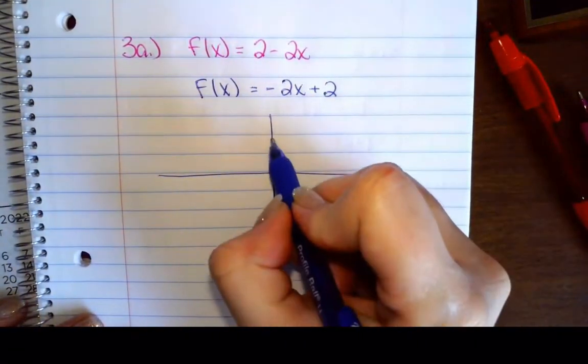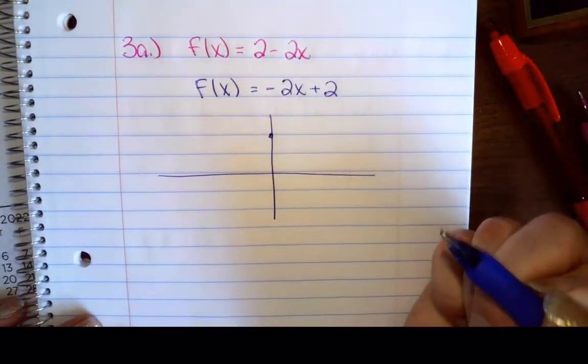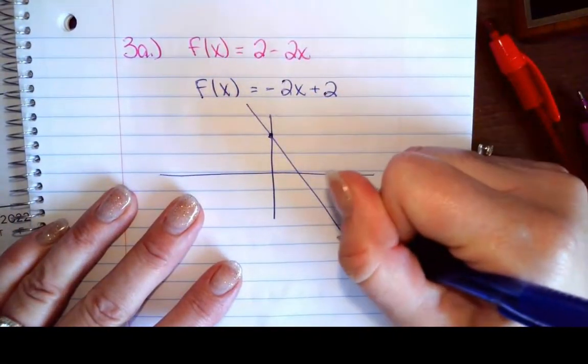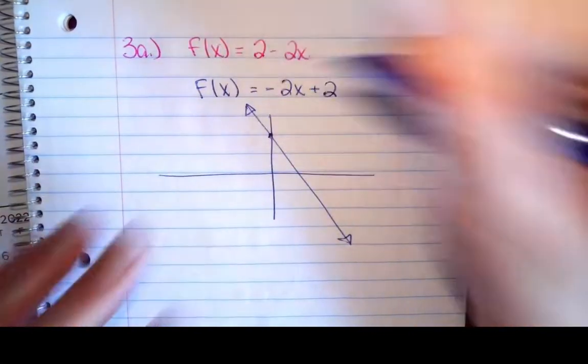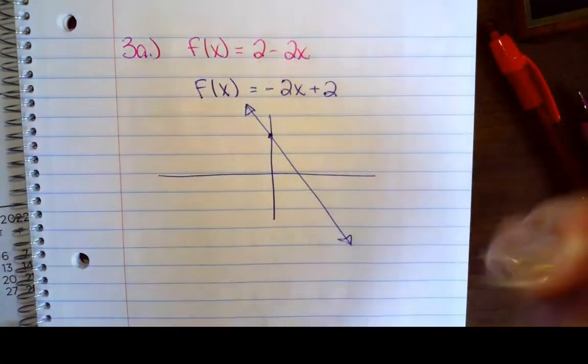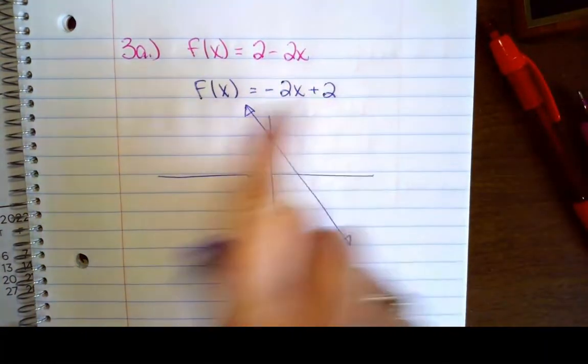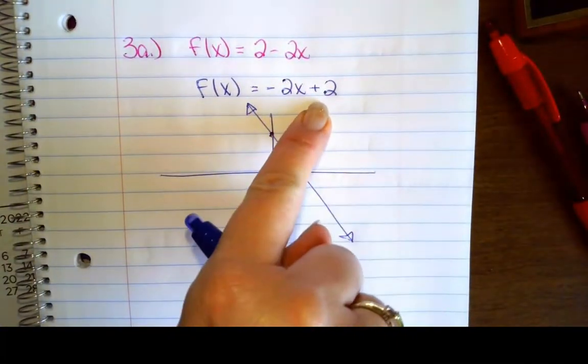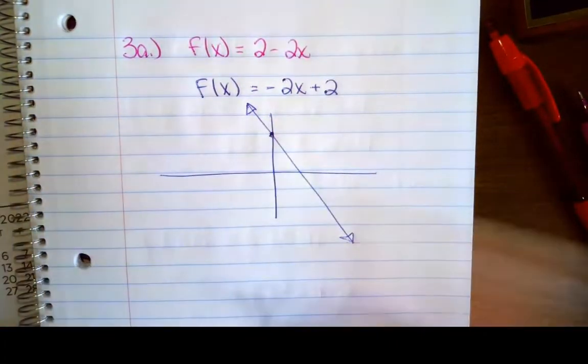It slices through the y-axis at 2, and then it drops with a slope of negative 2. So I already know it's a function. It passes the vertical line test. Does it pass the horizontal line test? Yes, it does, which means it does have an inverse function. So let's go find it.